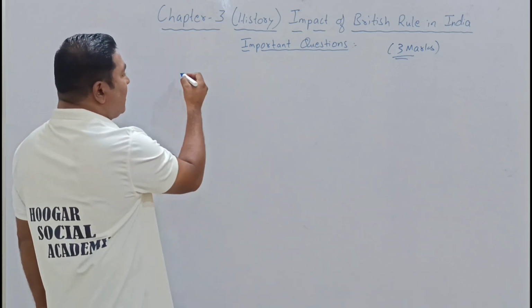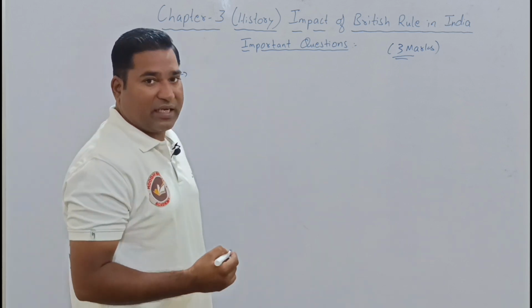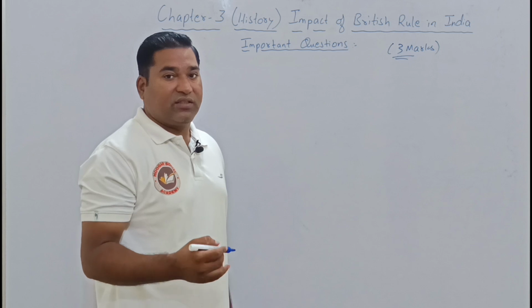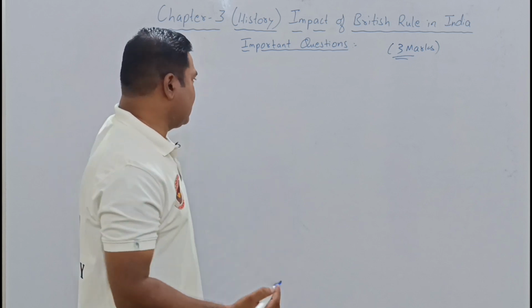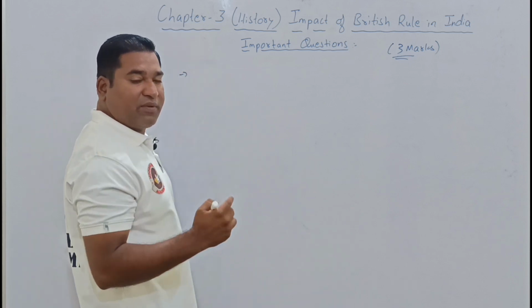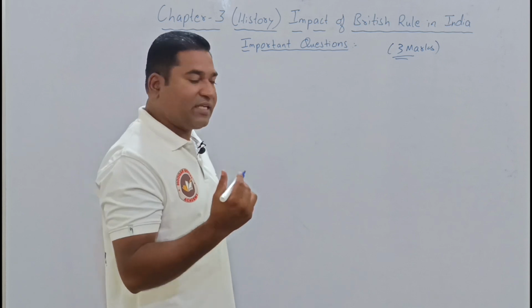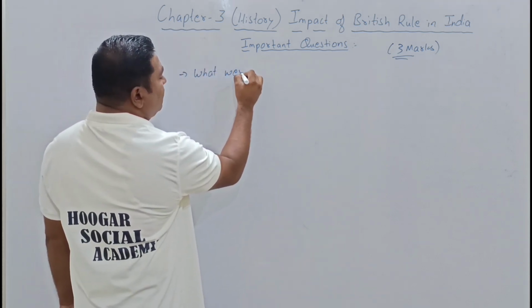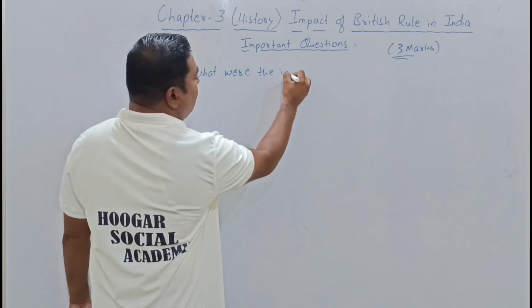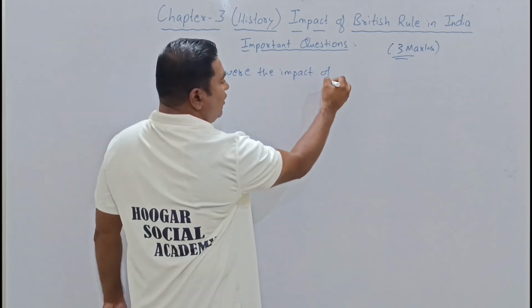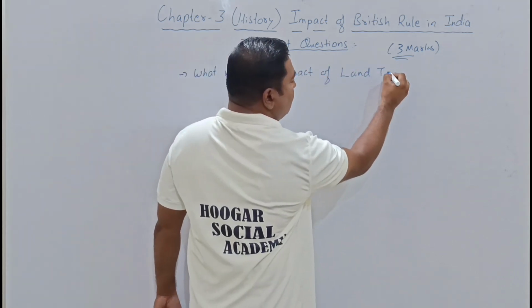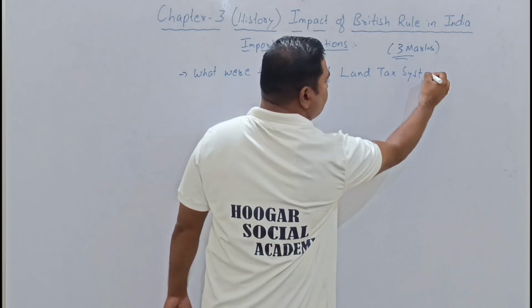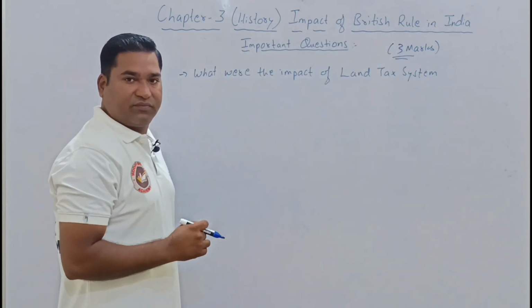Okay, in the 3 marks questions, very important segment again from this chapter, there are 3 marks questions which are going to be asked and which are regularly asked in the exam. One is, what were the impacts of the land tax system? Now this is of 3 marks.